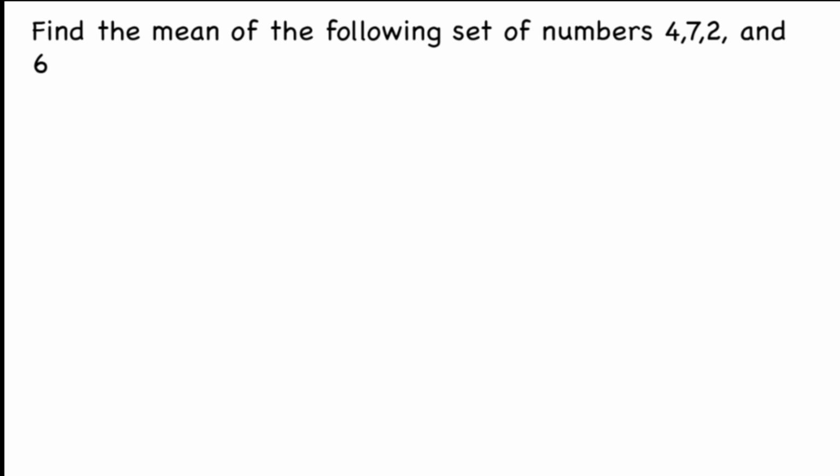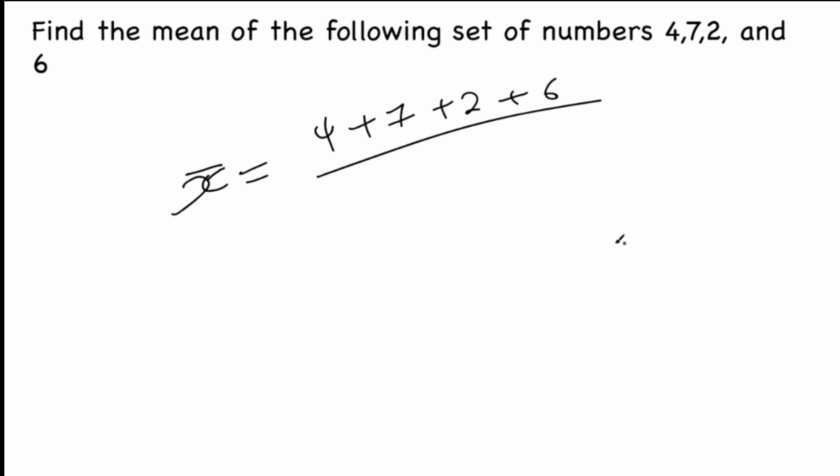It says find the mean of the following set of numbers 4, 7, 2 and 6. So to get the mean of this particular question, the mean here equals the addition of all the items presented to us over the number of items. We have 4 items here.